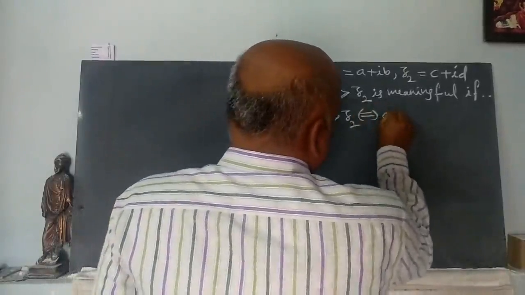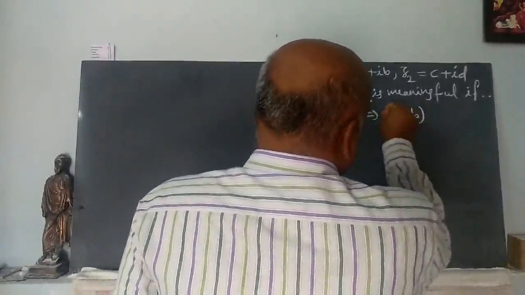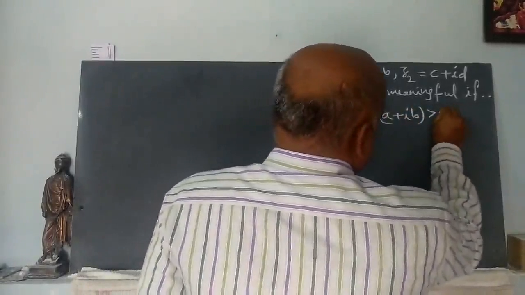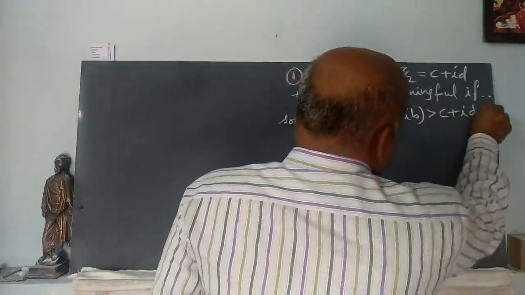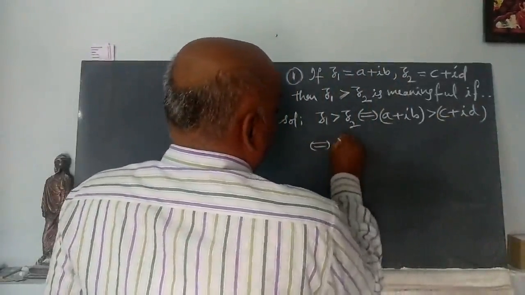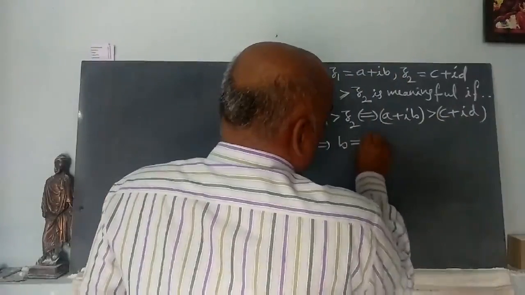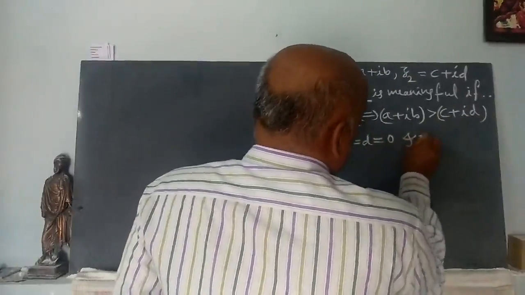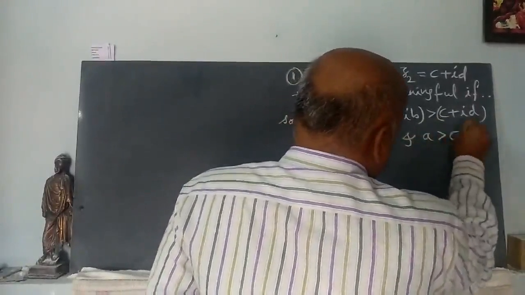This implies A plus iB is greater than C plus iD if B is equal to 0 and A is greater than C.